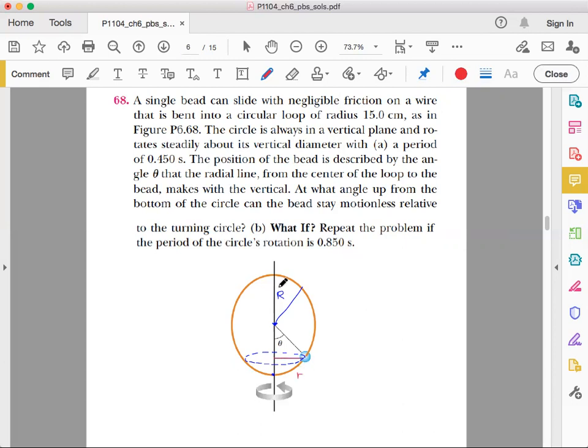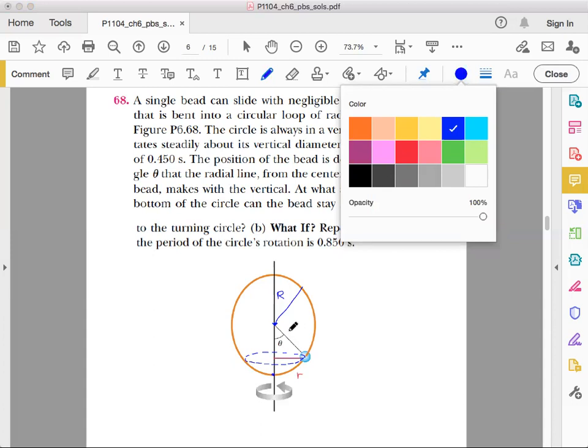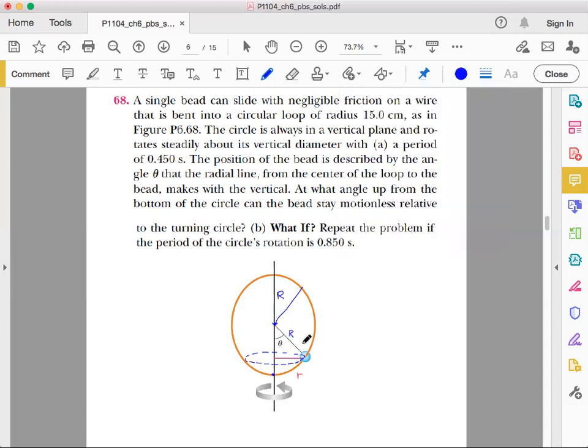Now, how R and r are related, just have a look at this triangle. This is R as well. This line is just a fake line, the line that connects the center of the wire to the bead, but it's not a wire or anything. It's just to say that the angle between the vertical and this line is the angle theta.